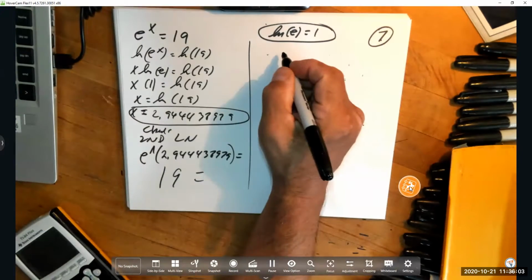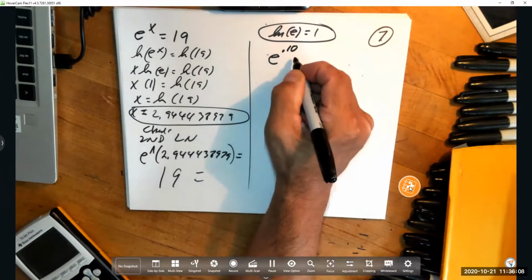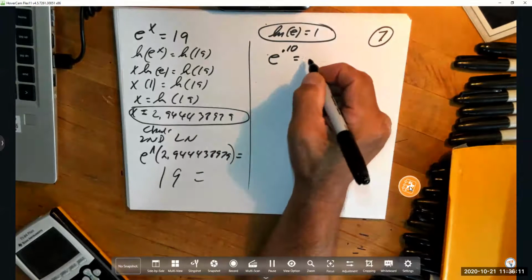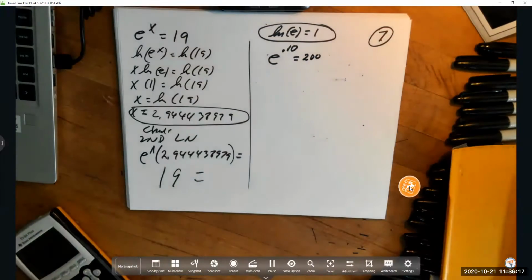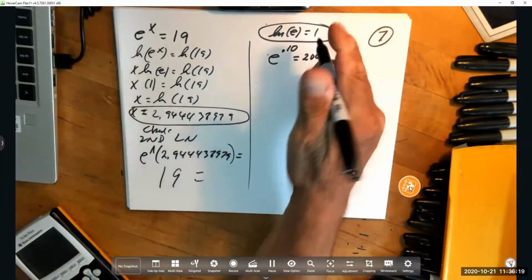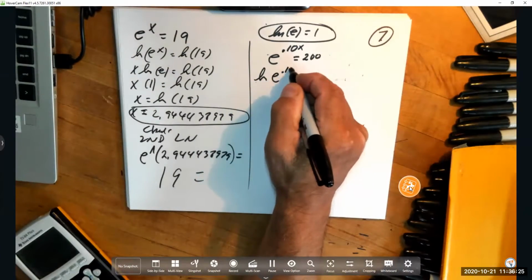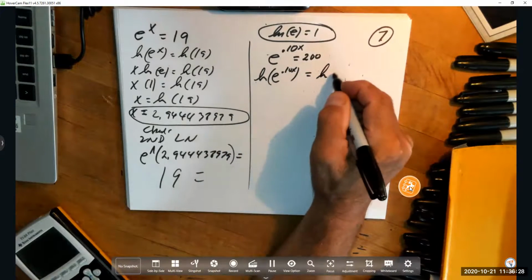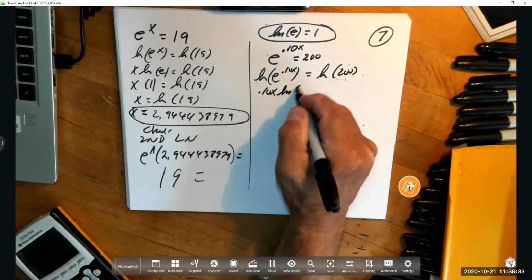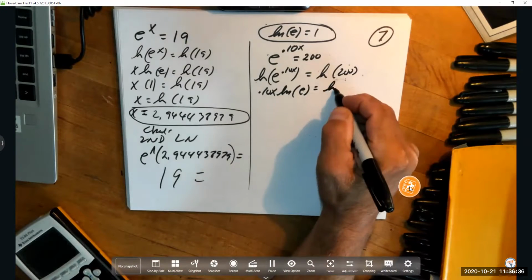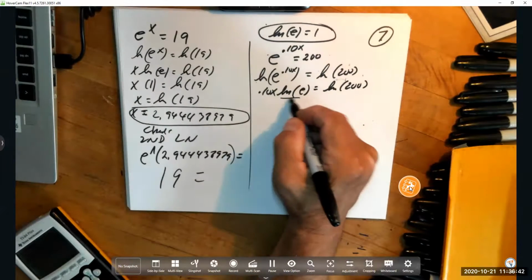All right, so now I'm gonna make it a little bit harder. Same problem. I'm gonna go e to the 0.10x equals, I don't know, 200. Like this one, except it has a decimal point up here. So you're still gonna do this: ln of e to the 0.10x equals ln of 200, so 0.10x times ln of e equals ln of 200. And I said that ln of e is just a 1.